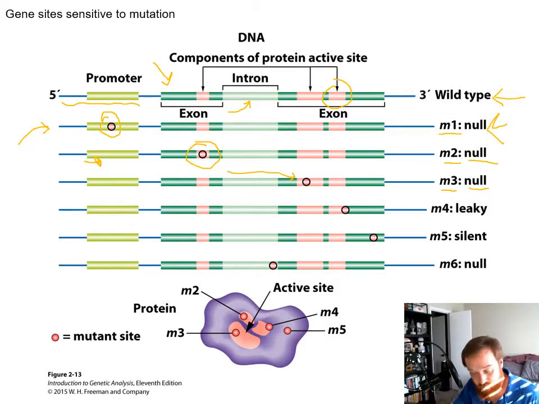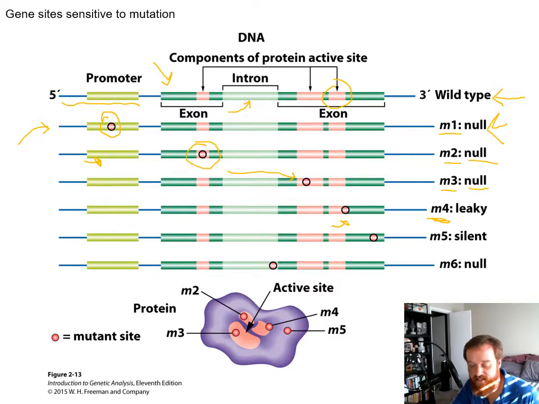Now, whenever there's a mutation in a binding site, that doesn't mean that it always stops the function of that protein. What we can get, such as in this M4 allele, is a mutation in this last binding site, and we get what's called leaky expression or leaky function.